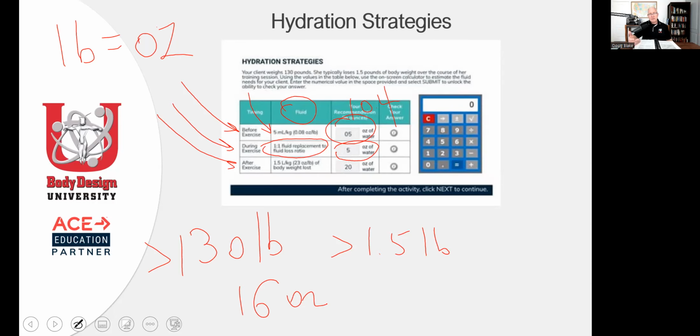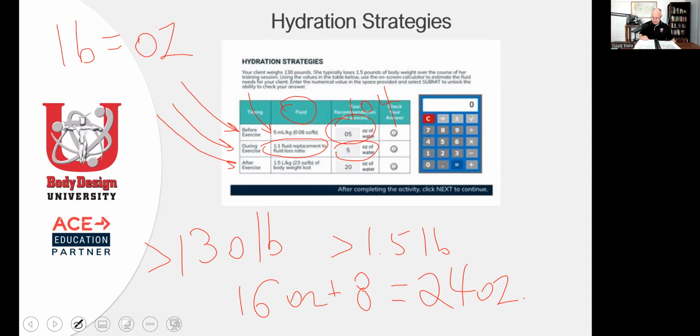She's losing 1.5 pounds, so it's 16 plus the 0.5, which is 8, so you're at 24 ounces. Hope that makes sense. 1.5 pounds is equal to 24 ounces. That's kind of the understanding here. That is one way to do it: you would have 24 ounces during exercise.